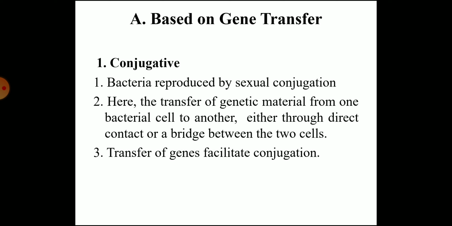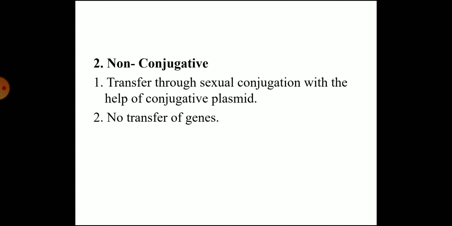Here, the transfer of genetic material from one bacterial cell to another is done either through direct contact or a bridge between the two cells, and the transfer of gene facilitates conjugation. Second type is non-conjugative. This non-conjugative plasmid is transferred through sexual conjugation with the help of conjugative plasmid, and here no transfer of gene takes place directly.